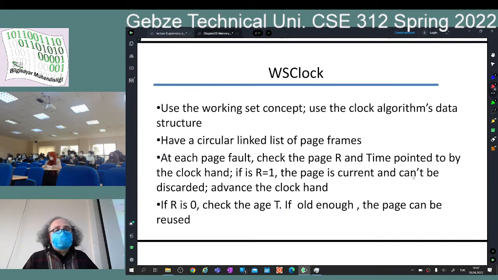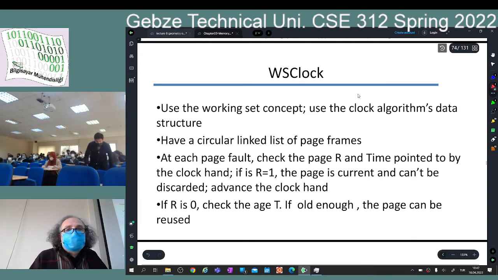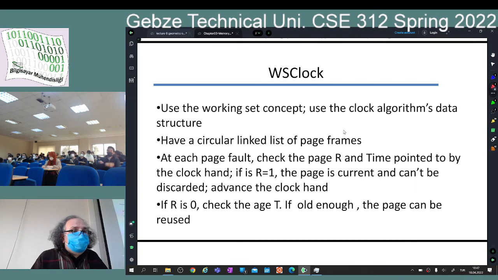Okay, so working set is a good algorithm. Let's look at the variation of working set. It's called working set clock. It's the same idea as before. Remember the clock algorithm? The clock algorithm is the second chance FIFO with a circular linked list, remember?